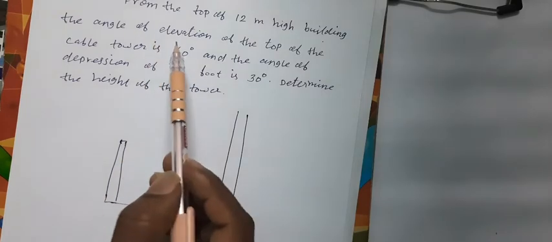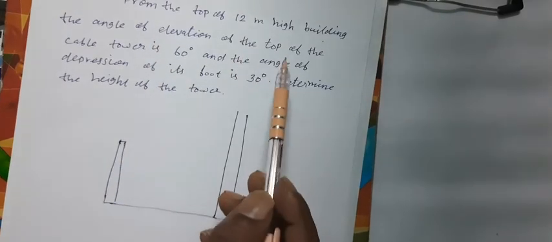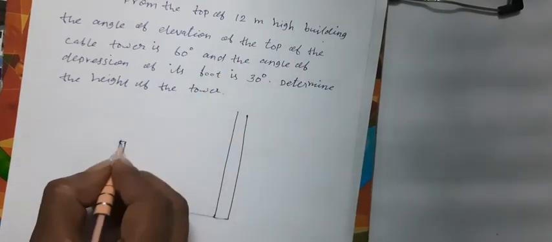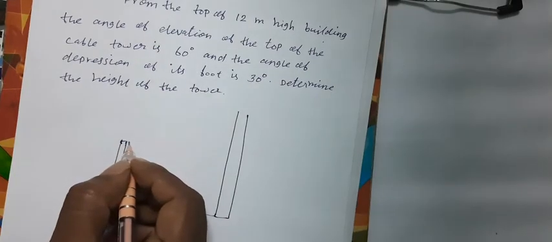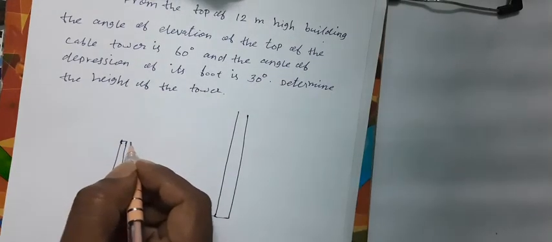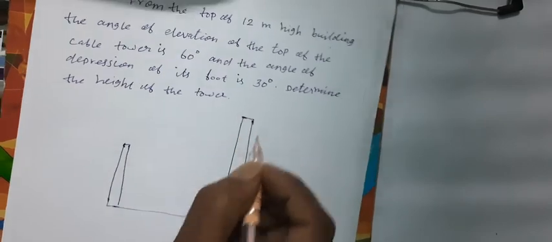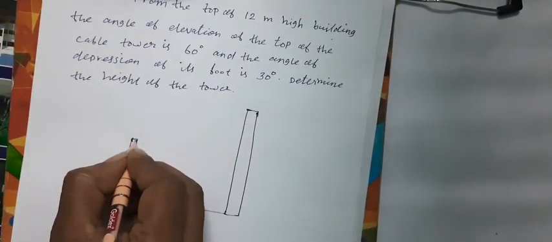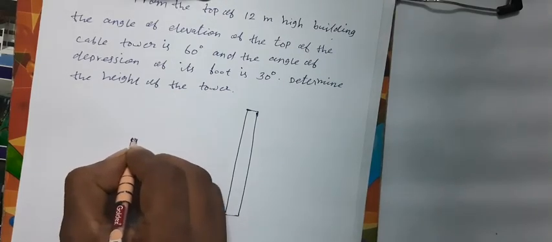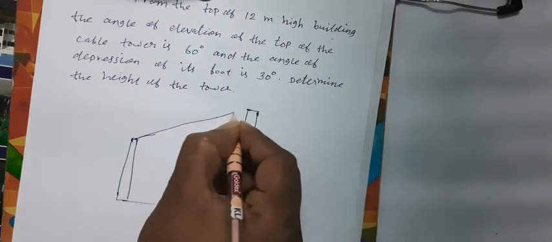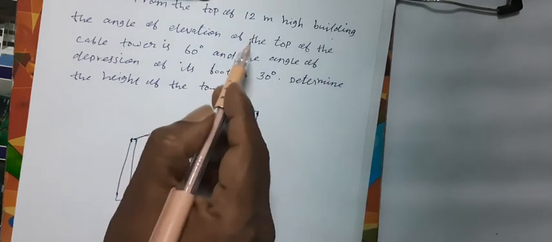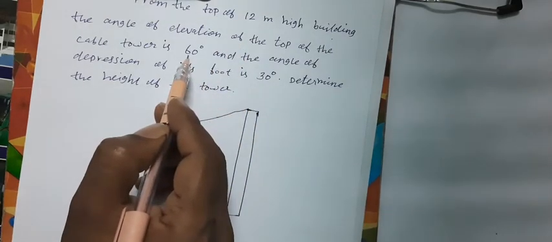Here the angle of elevation of the top of the cable tower is 60 degree from the top of the building. So from the top of the building you can see the top of the tower, right? At angle of elevation they given 60 degree.